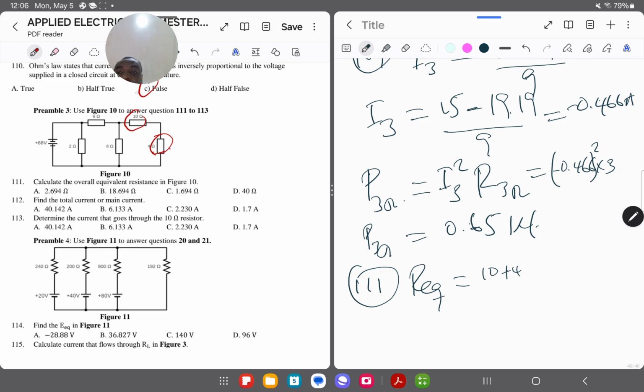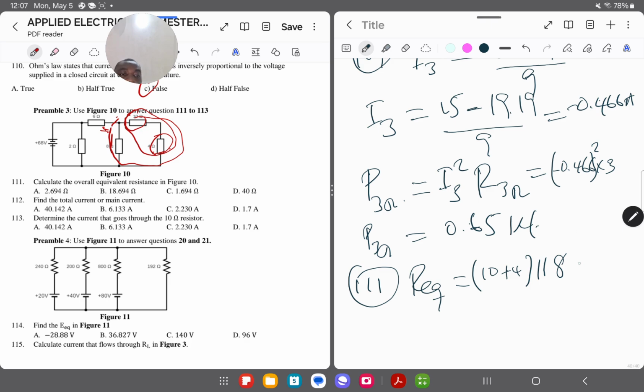Now that equivalent resistance is going to be in parallel with 8, so I put a comma here. It's in parallel with 8 ohms. Once we've gotten this part, you can see that it's going to be in series with 6 ohms here, right?